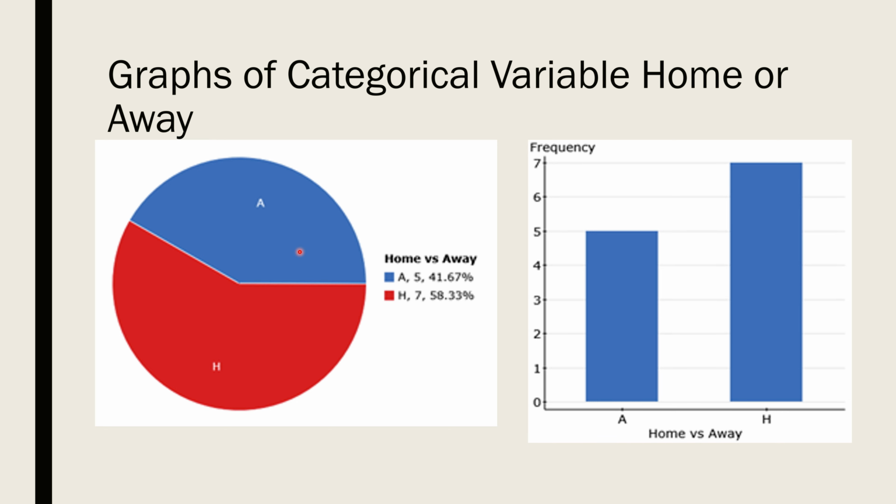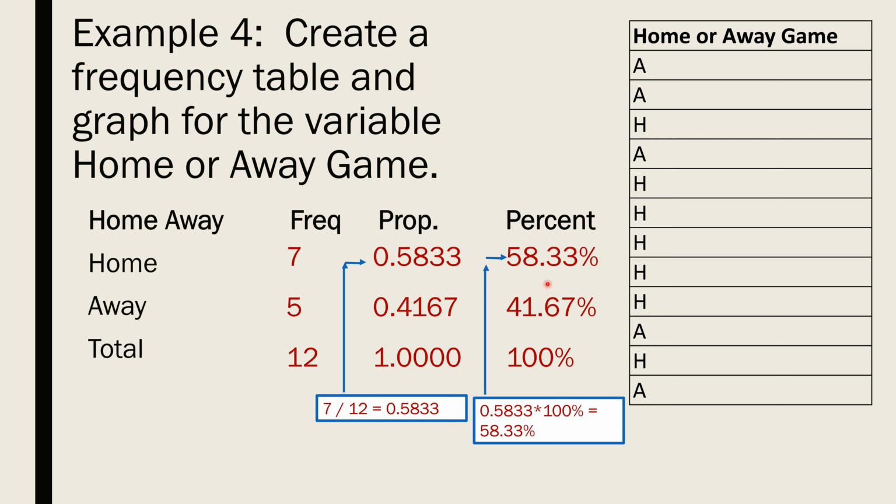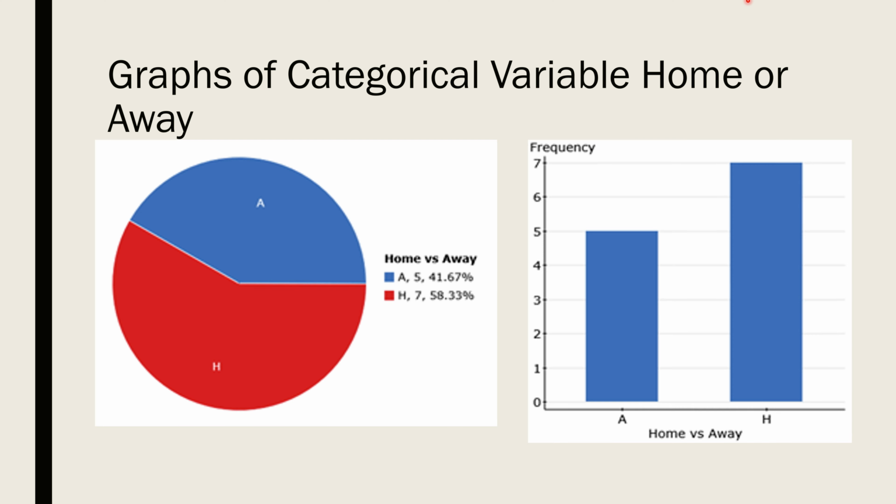Based on the frequency table we created on the last slide, we can either choose to represent this dataset in a pie chart or in a bar chart. Again, I repeat, the graph on the left side is called pie chart.